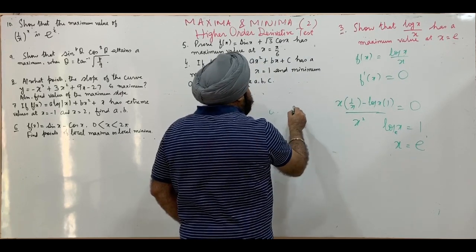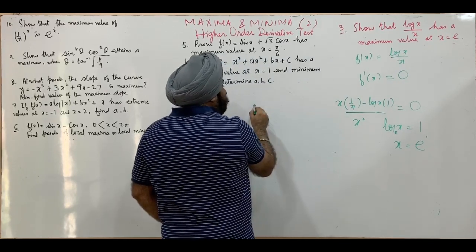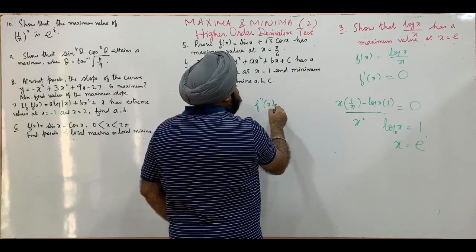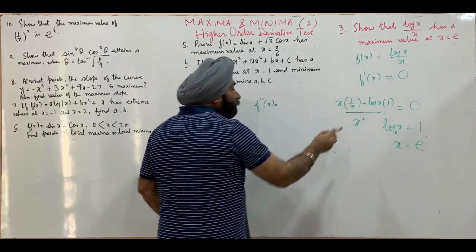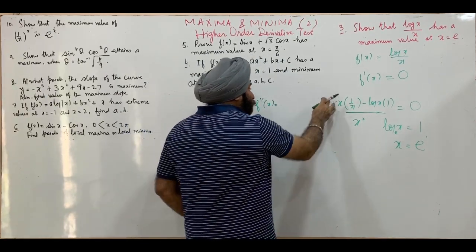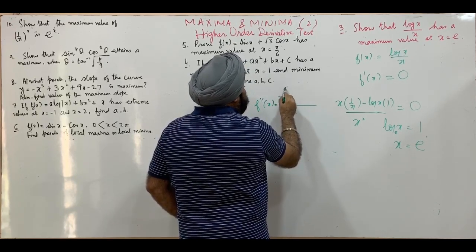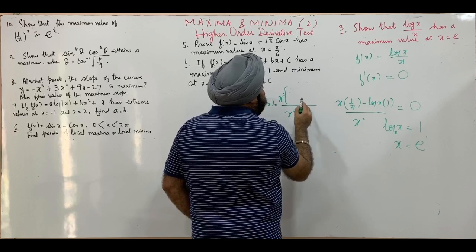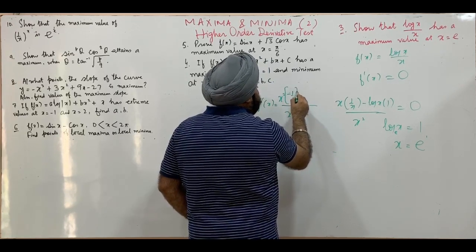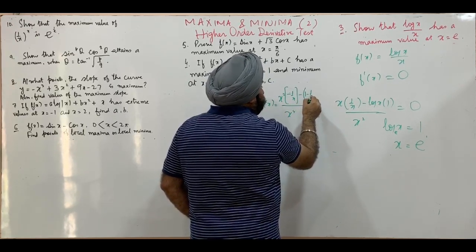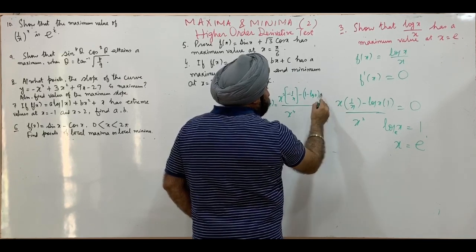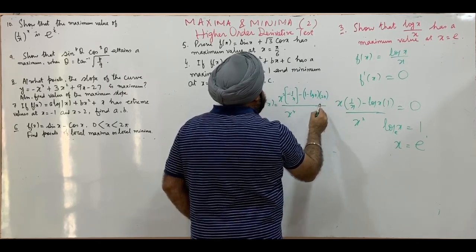This may be a point of maximum or a point of minimum. So next we find out the second order derivative. The second order derivative is the derivative of this expression. So we use the quotient rule. This is x raised to power 4 in the denominator, x square into the derivative of the numerator, that's minus 1 by x minus 1, minus log x into the derivative of x square, which is 2x.